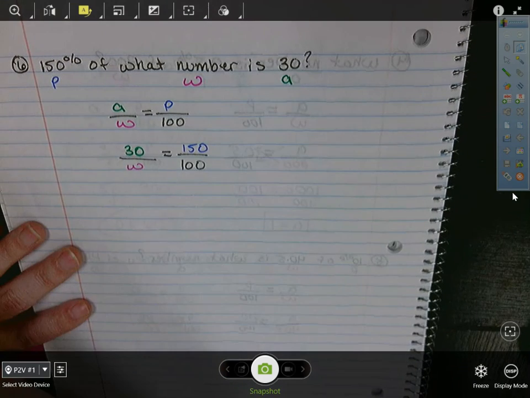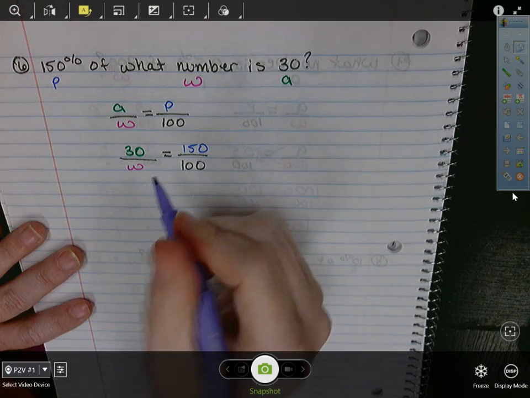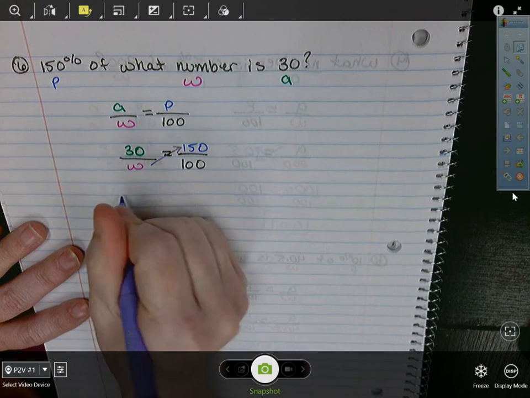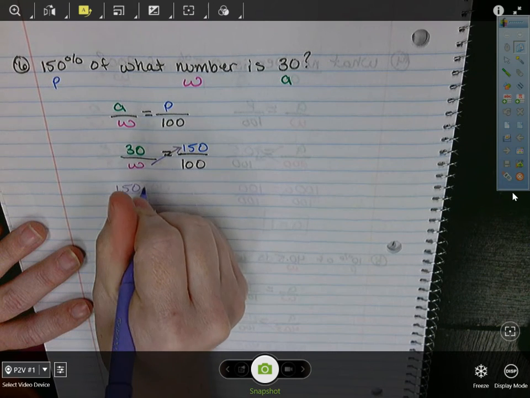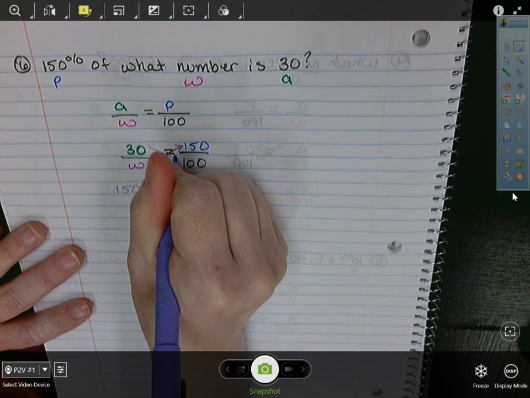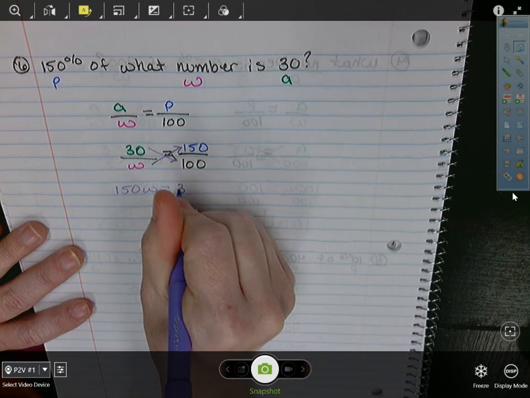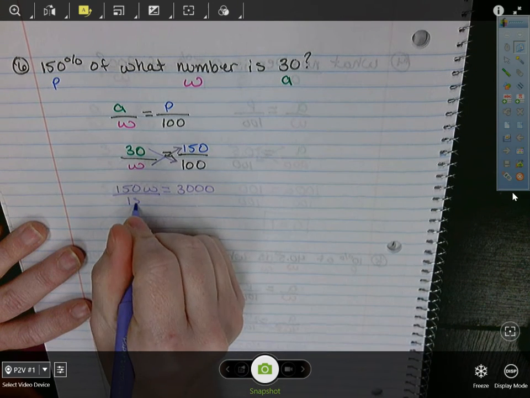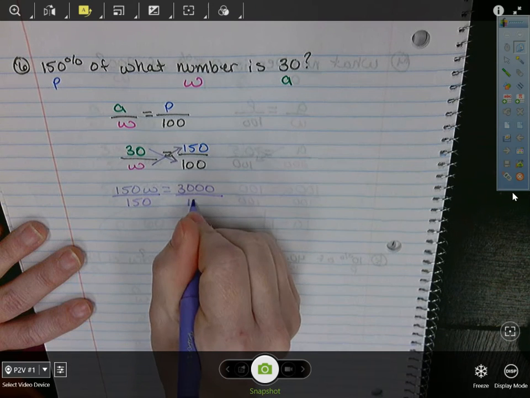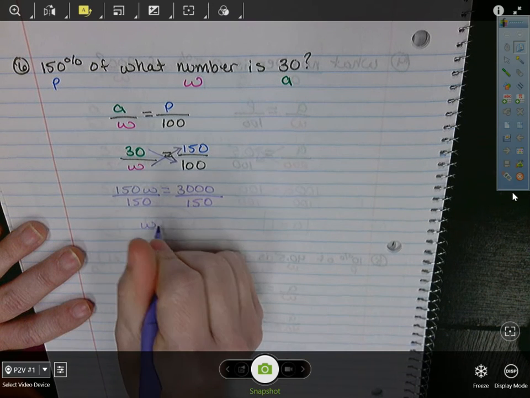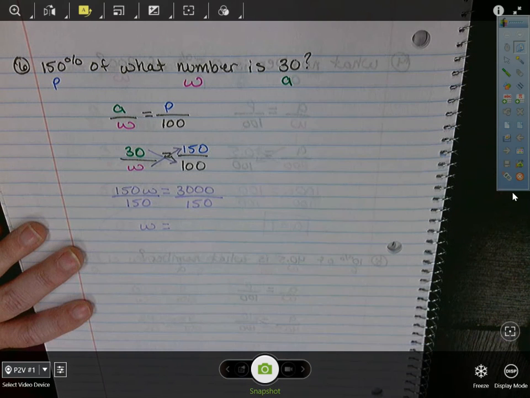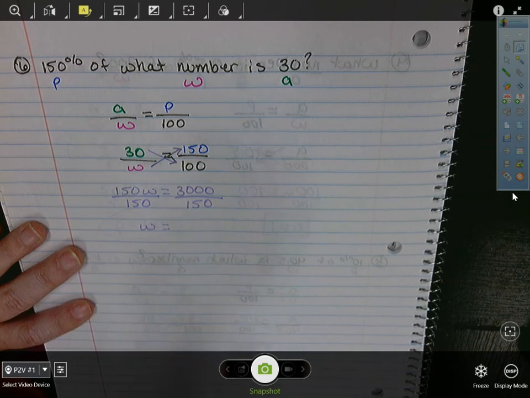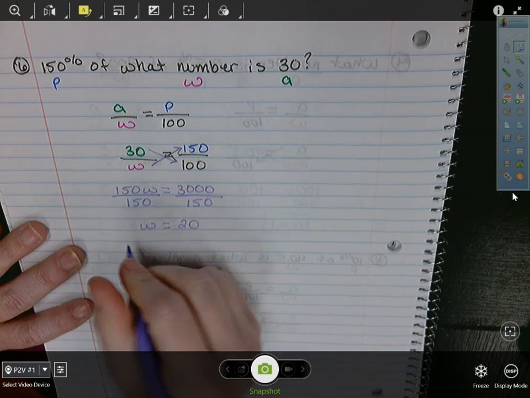Okay, and now we cross multiply. W times 150, that's 150W, equals 30 times 100 would be 3,000. And then we divide both sides by 150. And we get W equals 3,000 divided by 150 is 20. So our whole is 20.